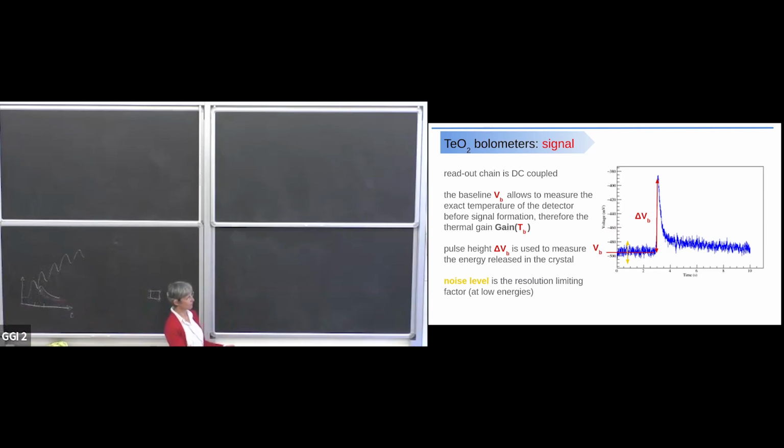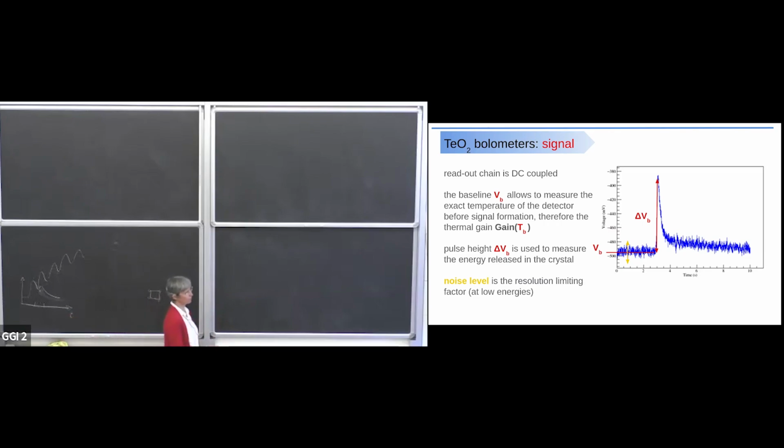But the important point is that I need to measure this gain. And then, of course, I will need an absolute energy calibration of this gain, because I want to see possible changes in the gain, but then I need to convert this voltage into an energy. This is done with standard calibration, as you do for all detectors.